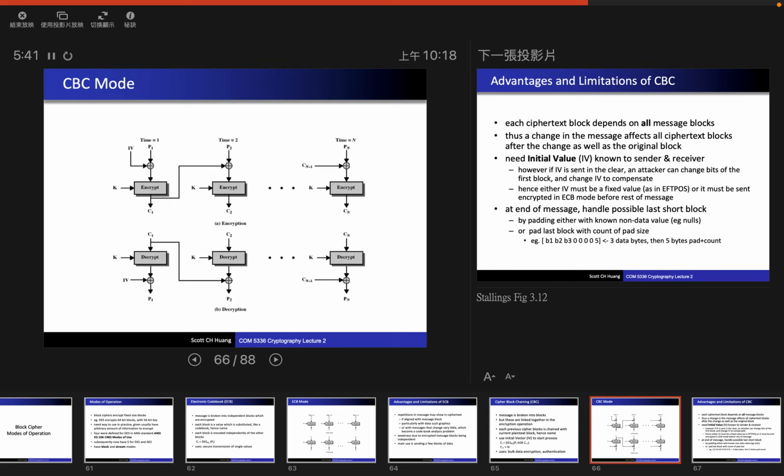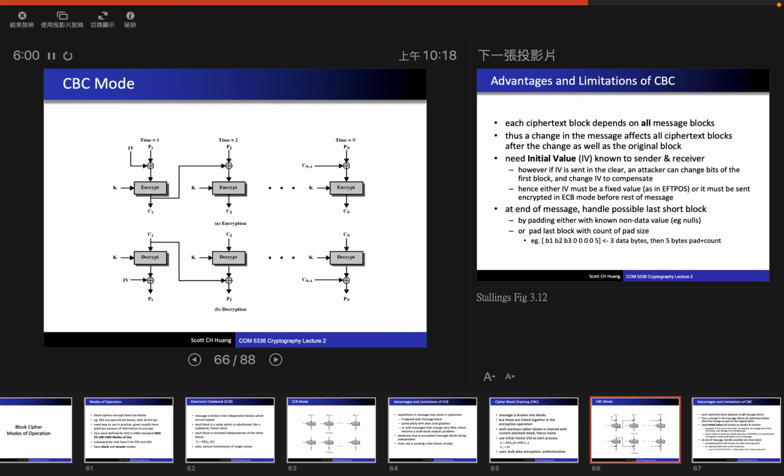So in this case, even though you reuse the same key, it makes it much harder for the attacker. The reason is this XOR, which makes each block dependent on the previous one.